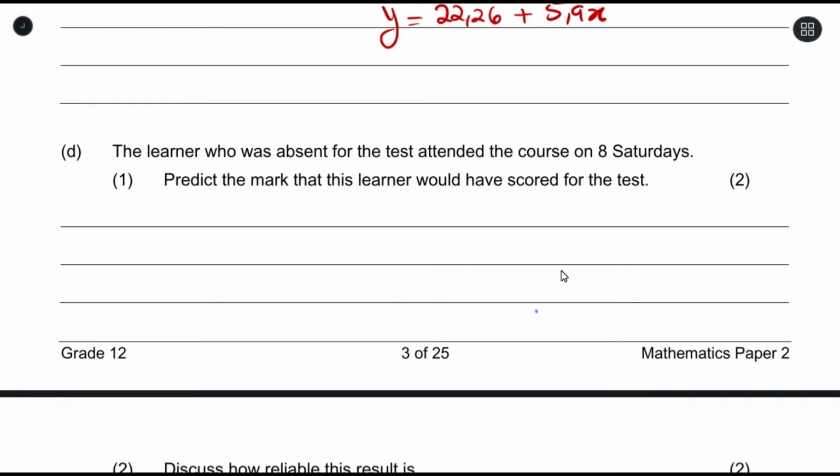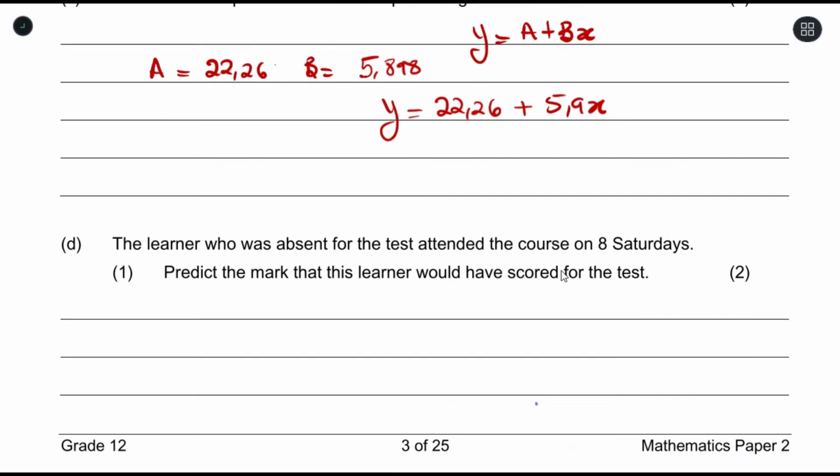We go to D. D says the learner who was absent for the test attended the course on 8 Saturdays. Okay, predict the mark that this learner would have scored for the test. Now, we just need to substitute 8 into this equation. So we have Y equals 22.26 plus 5.9.